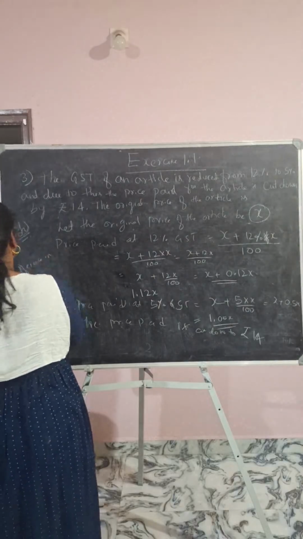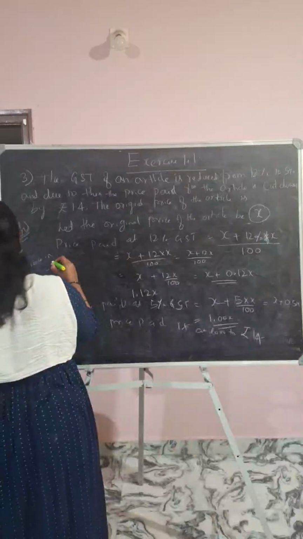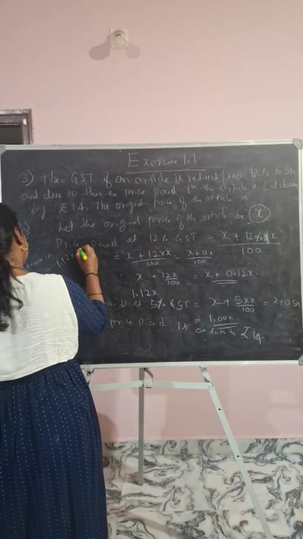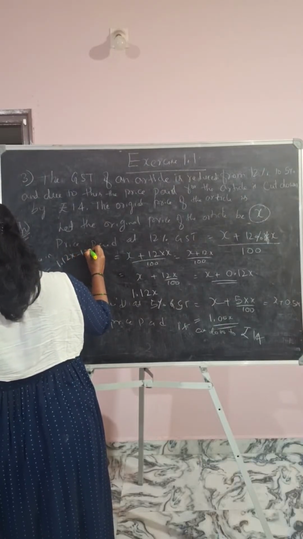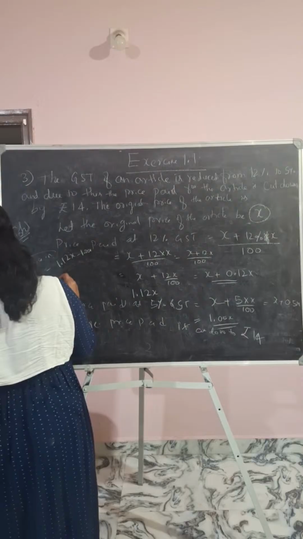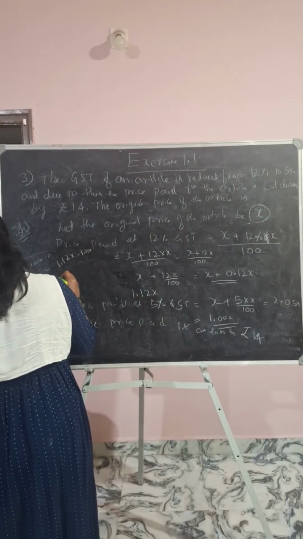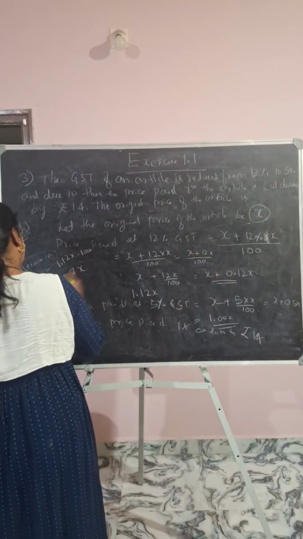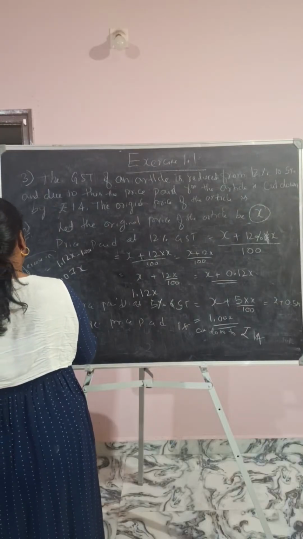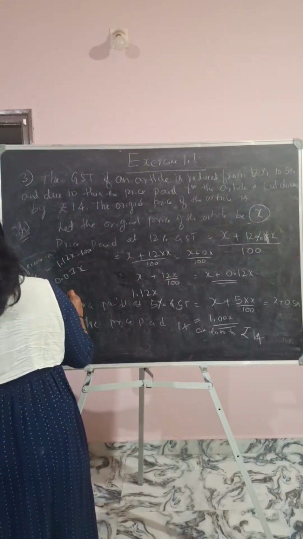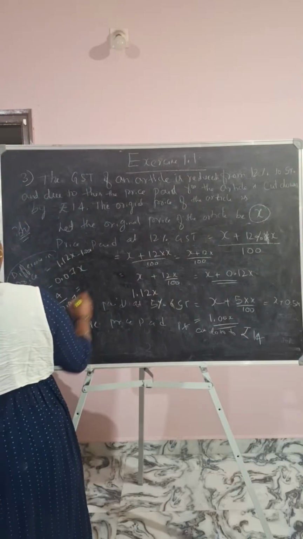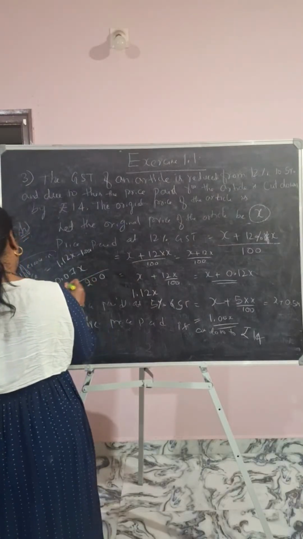Difference in price is equal to 1.12X minus 1.05X. So difference in the price is rupees 14, which is equal to 0.07 of X, and X is equal to 14 divided by 0.07, which is equal to 200.